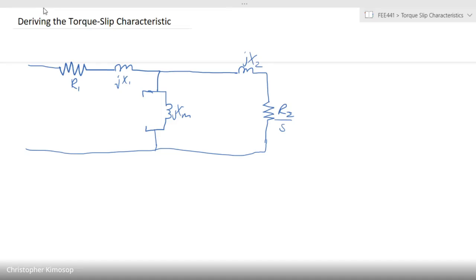That is, the core resistance is high enough that we can assume that there is nothing on this side, and we simply have JXM, the magnetizing reactance. That's our phase voltage there, our current there, IM, and similarly, let's take point A and point B, looking at it from this point.